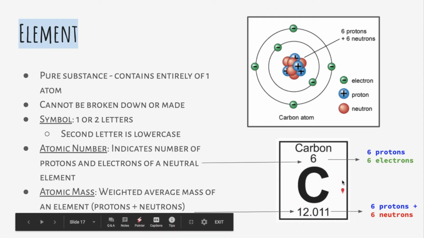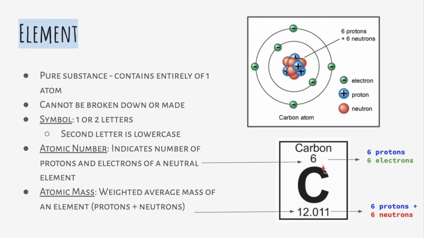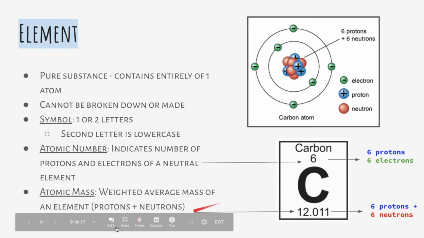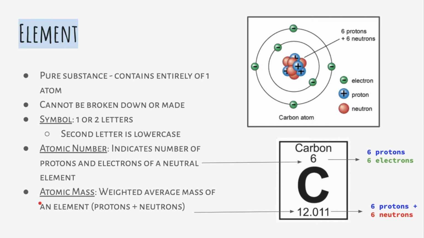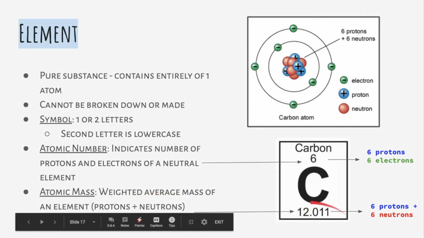So an element without a charge, if there were a charge, you would see one here, but an element without a charge is going to be neutral. Therefore, you should have the same number of protons and electrons. Your atomic mass is going to be the last piece of information that we can find on the periodic table, and it tends to be a number with a longer decimal.